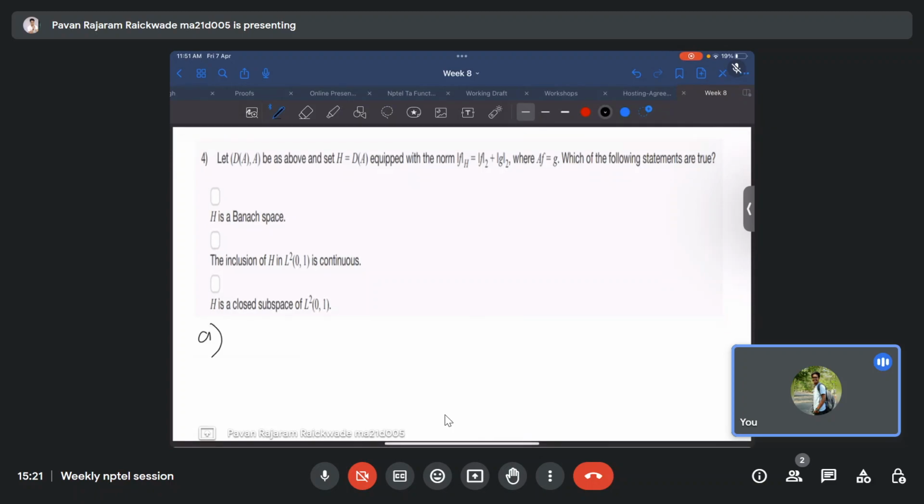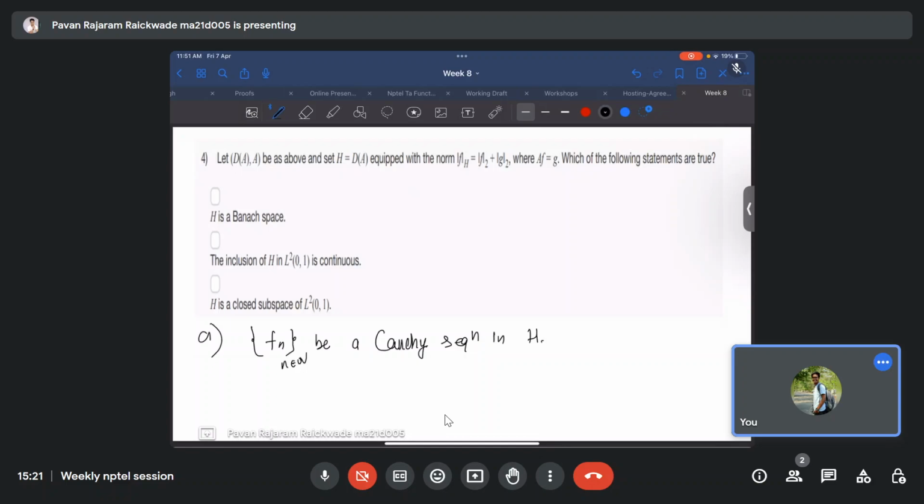So we'll just take any Cauchy sequence in H. We know that this H is a subset of L2(0,1) and L2(0,1) is complete.